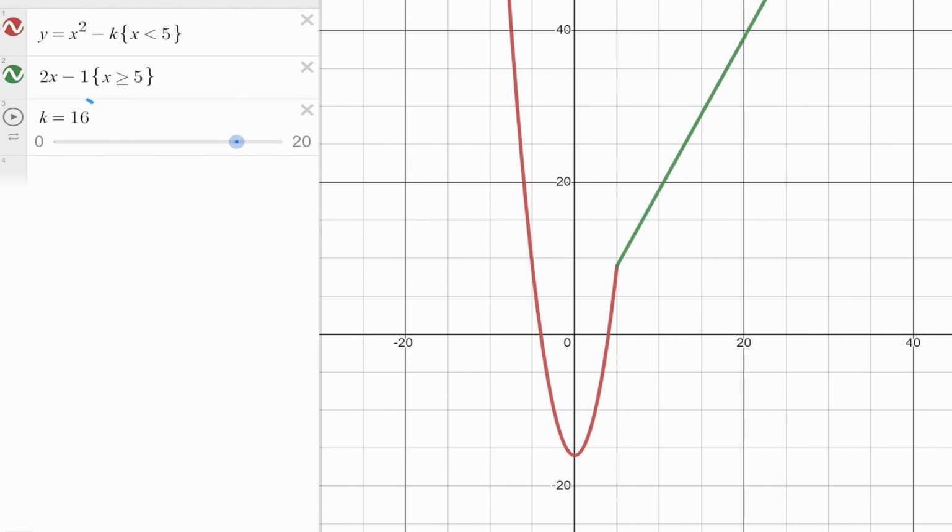And notice that when k is exactly 16, there is no more gap between both functions. And the reason why there's no gap is because when x is equivalent to 5, we are guaranteeing that both of them have the same y value, which is the result that we showed algebraically.